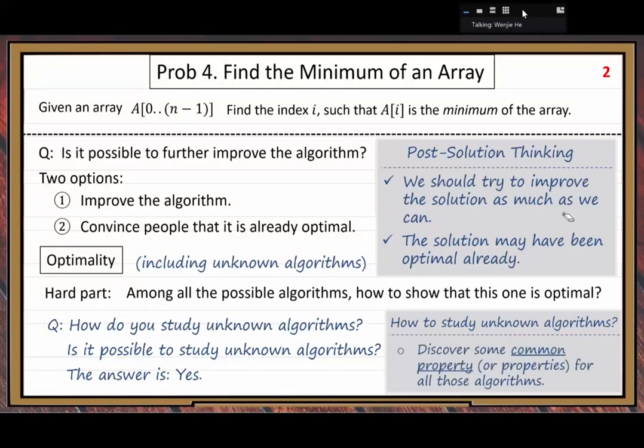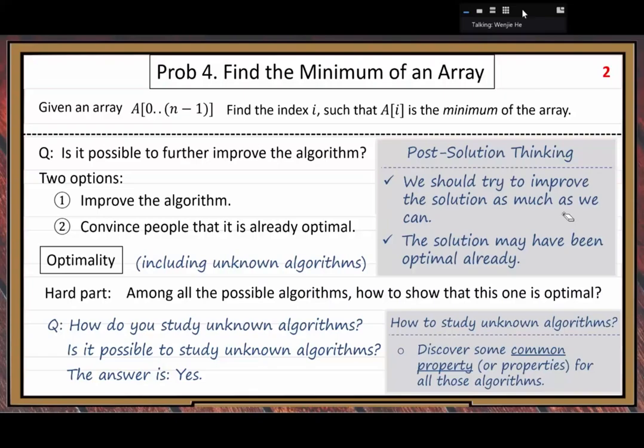So discover some common property. Those unknown algorithms may have some common properties. That's the critical step. Common properties for all those algorithms. They share some common properties, but we need to find those common properties.